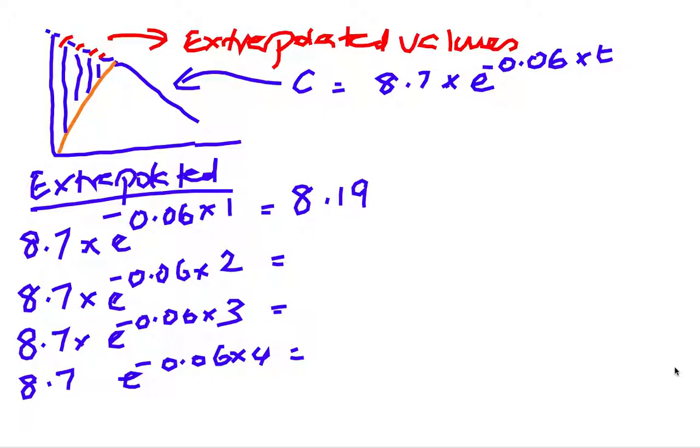That is the first extrapolated value. 8.7 times e raised to negative 0.06 times 2 is 9.81, the second extrapolated value.